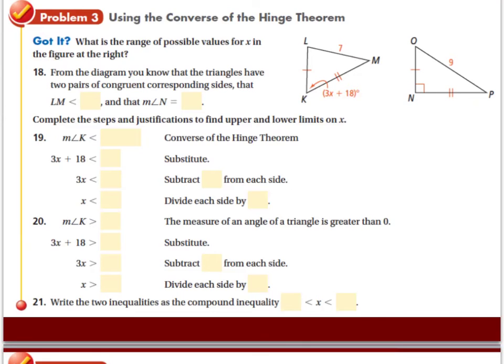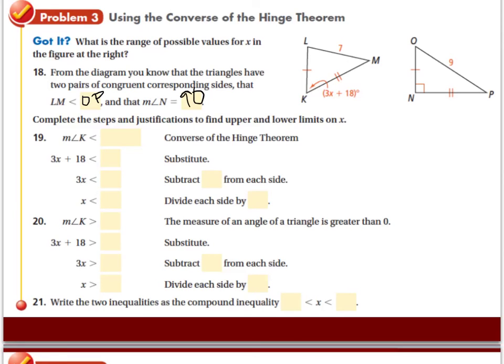Using the converse of the hinge theorem, what is the range of possible values for x in the figure at right? From the diagram, you know that the triangles have two pairs of congruent corresponding sides, that LM is less than OP, or PO, however you want to say it, and that the measure of angle N equals 90.